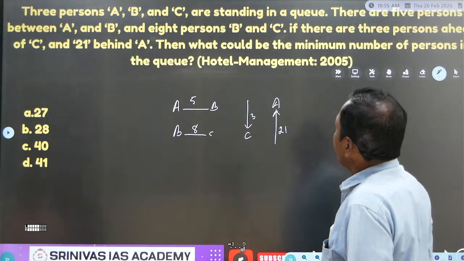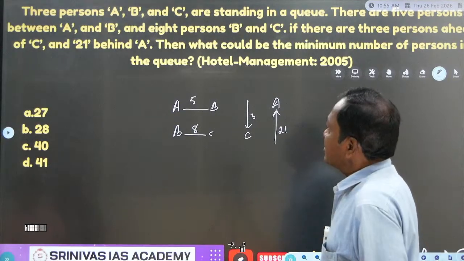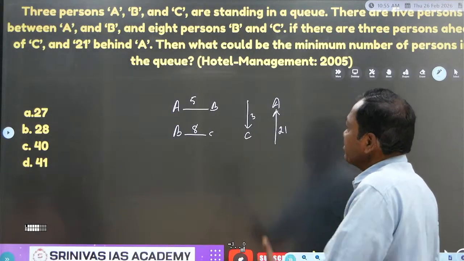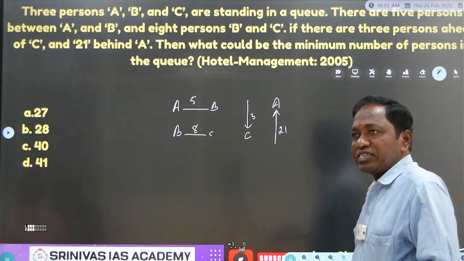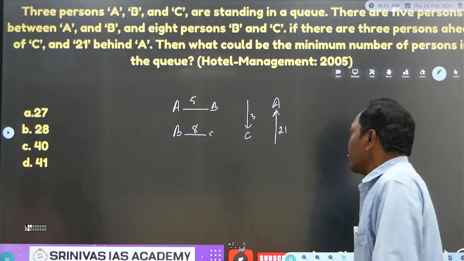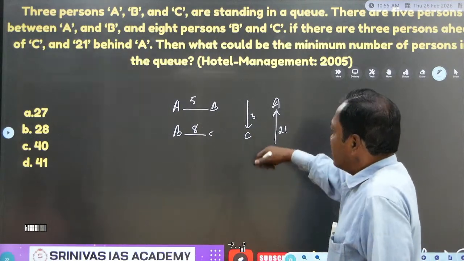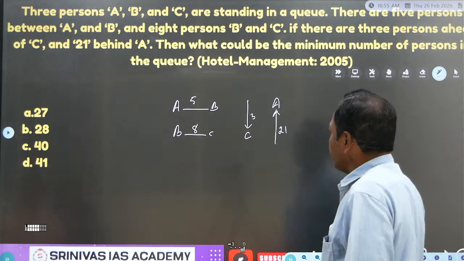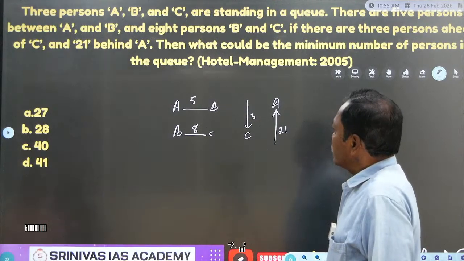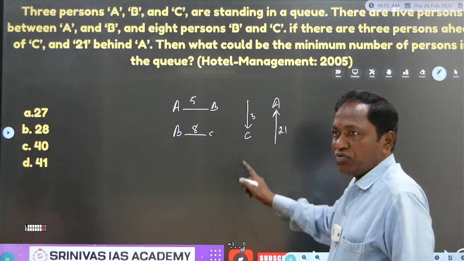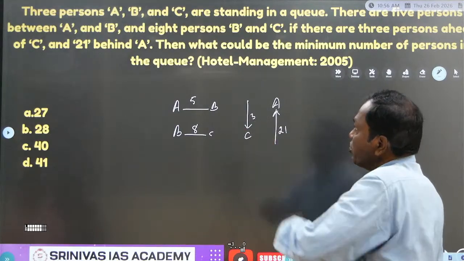Now, what could be the minimum number of persons in the queue? Sometimes they ask minimum, sometimes maximum. We should know both, that is how to draw. Now I put it like this. Information has been downloaded from the question.